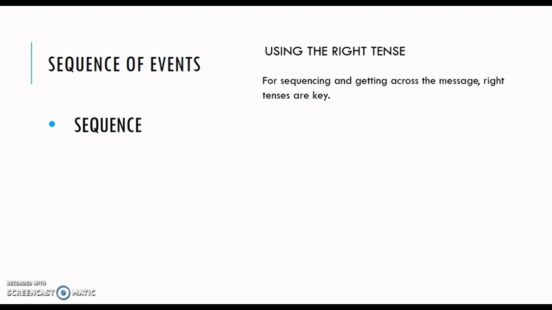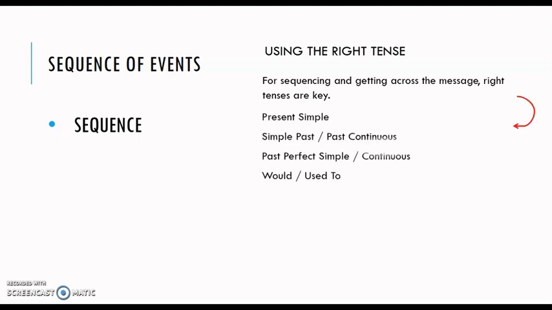Let's see the most common verb tenses used in a narration. For example, the present simple, the simple past or past continuous, the past perfect simple and continuous, and expressions like would or used to talk about habits in the past.